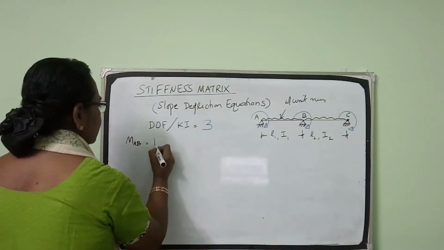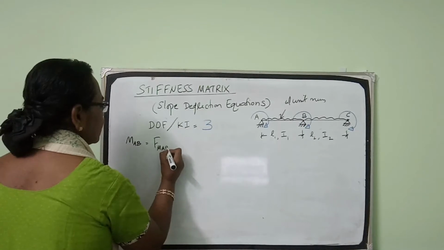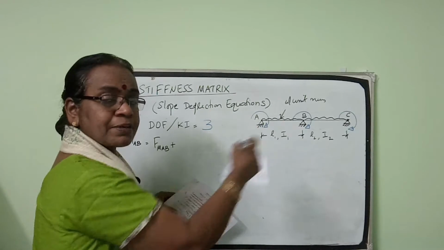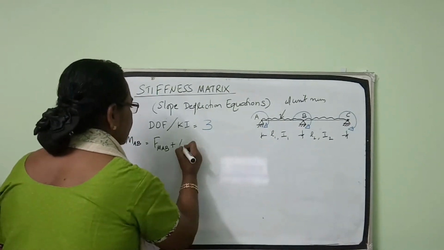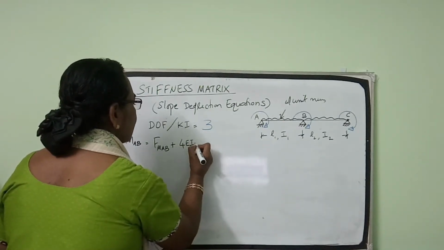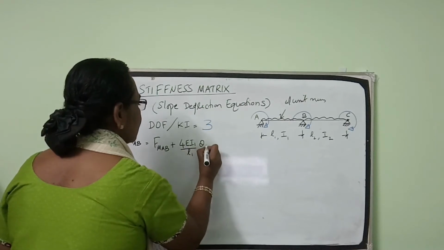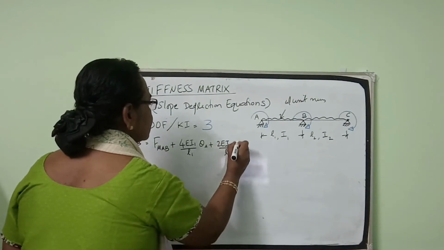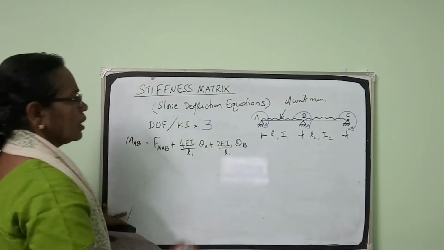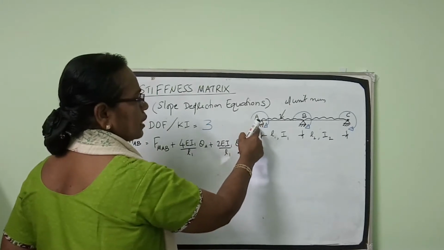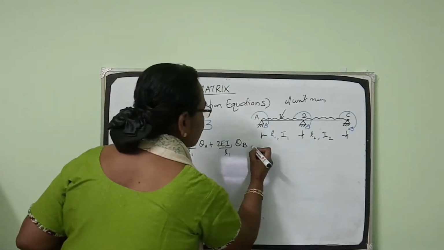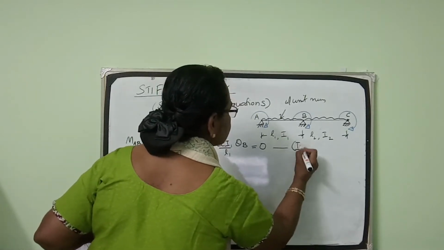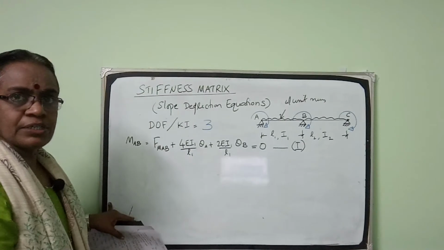So MAB is equal to fixed end moment FMAB plus 2EI by L into 2 theta A plus theta B. I will open the bracket and write it down: 4EI1 by L1 theta A plus 2EI1 by L1 theta B. And we know the equilibrium equation, being a hinge or a simply supported end, the moment at that point is equal to 0. MAB is equal to 0. So this is the first slope deflection equation.